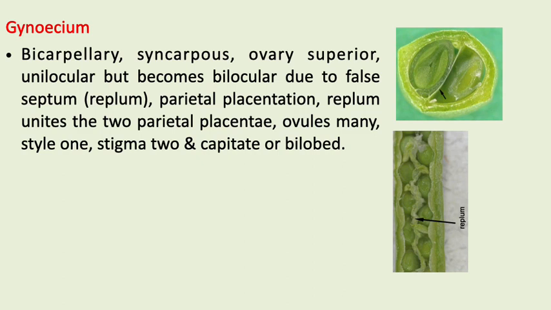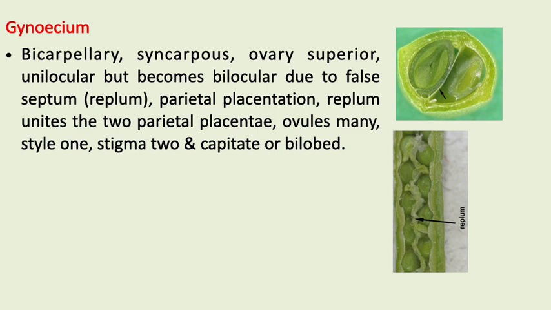Gynoecium is bicarpellary, that is, it consists of two carpels, syncarpous, that is, they are fused. Ovary is superior, unilocular, but becomes bilocular due to the false septum called replum, parietal placentation. Replum unites the two parietal placentae.